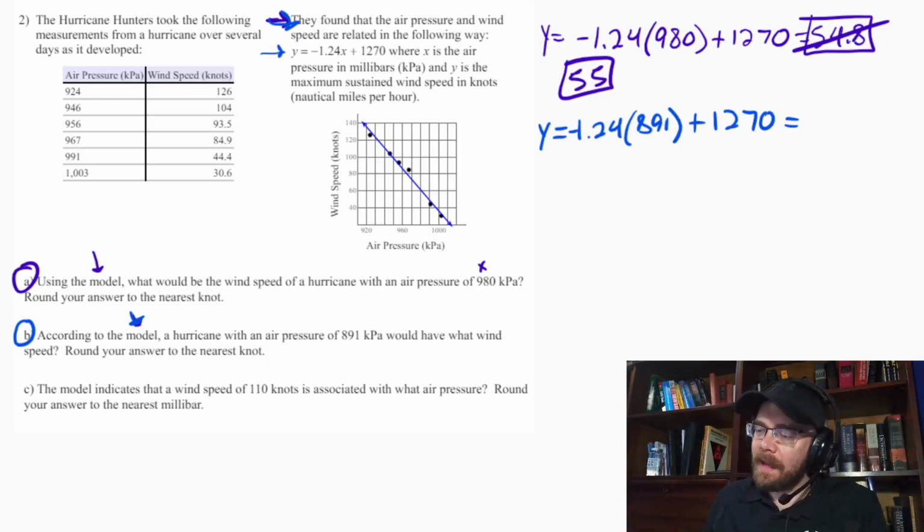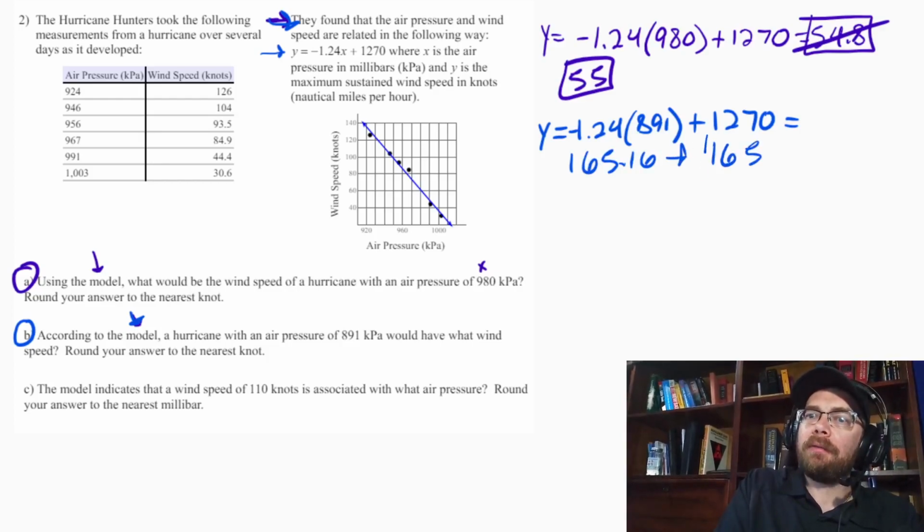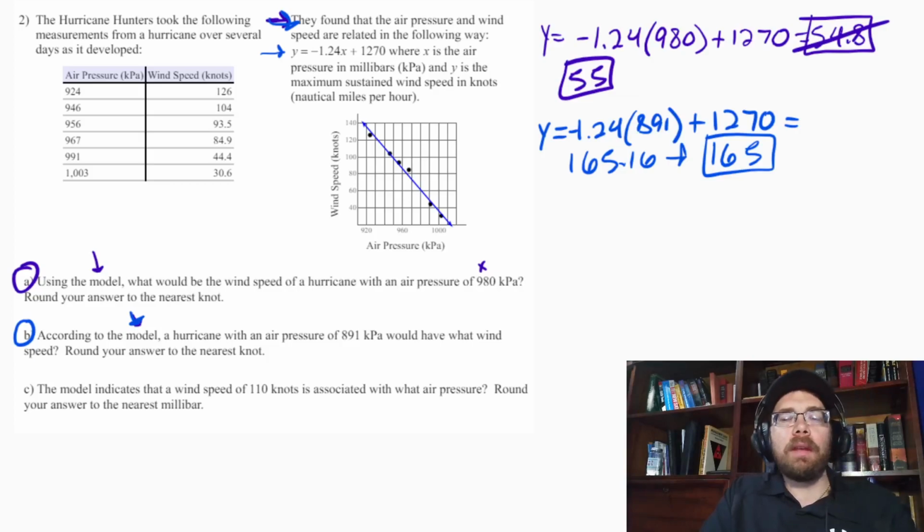And what is that? 165.16. And they said nearest knot, so 165. Okie dokie, which seems like that kind of works because it seems like the less the air pressure, the higher the wind speed. So that seems like that kind of pans out there.